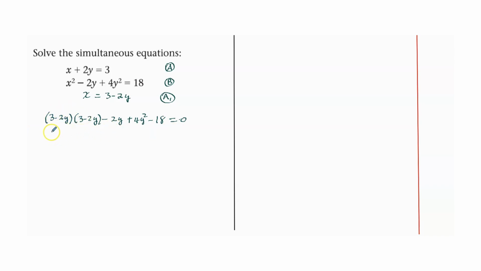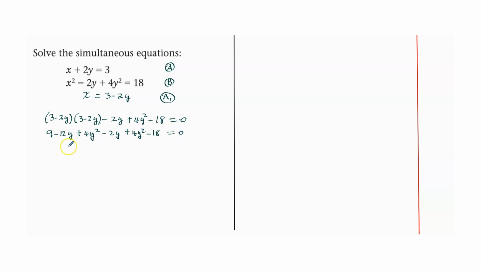So that would be 9, minus 2y times 3 would be minus 6y. Minus 2y times 3 there again, that's minus 6y. When we add them together, we get minus 12y. Minus 2y times minus 2y, that's positive 4y squared. Minus 2y plus 4y squared minus 18 equals 0.